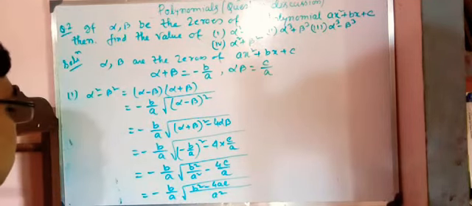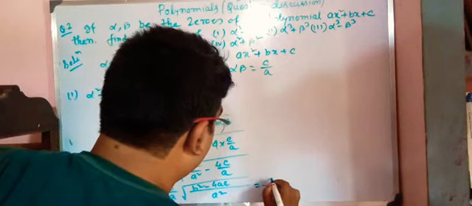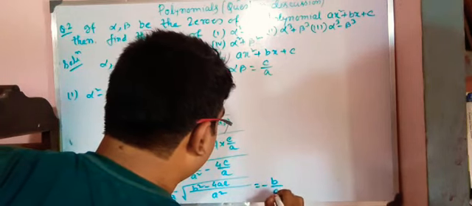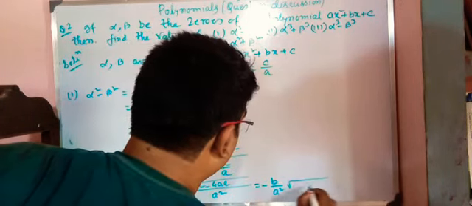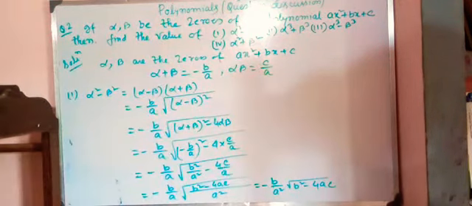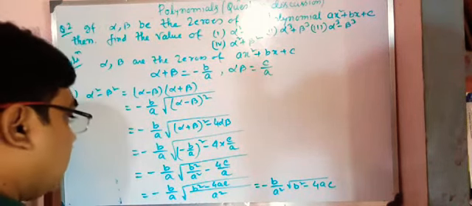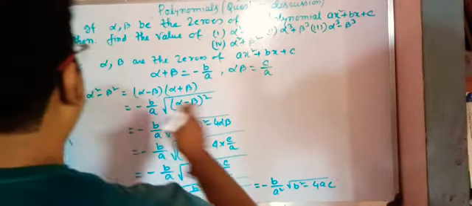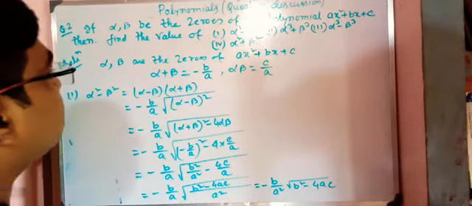That implies minus b by a square into root under of b square minus 4ac. Hope it is visible to you. So this is the value of alpha square minus beta square.